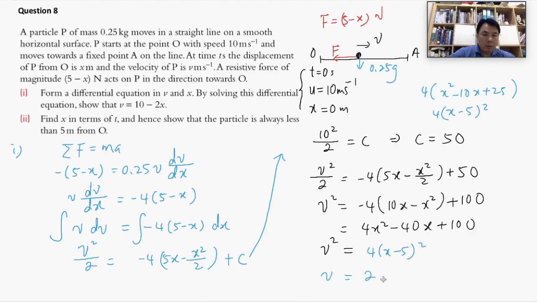Therefore v is equal to 2(x - 5). Bear in mind that whenever you take a square root there is always a plus or minus, but here we choose v equal to 2(x - 5) because the direction to the right is considered positive in our analysis here.